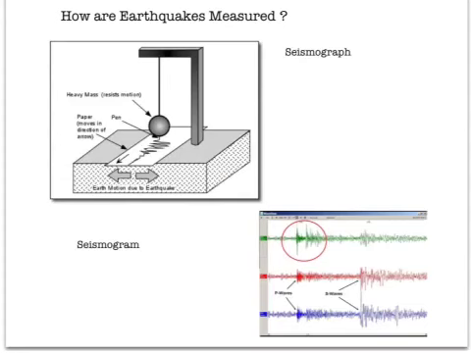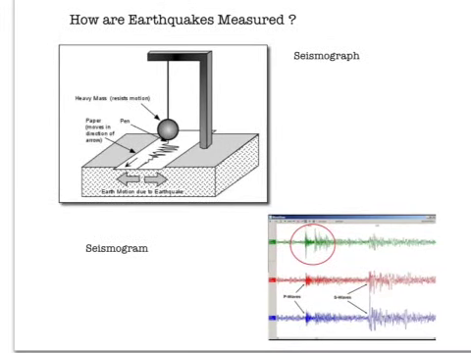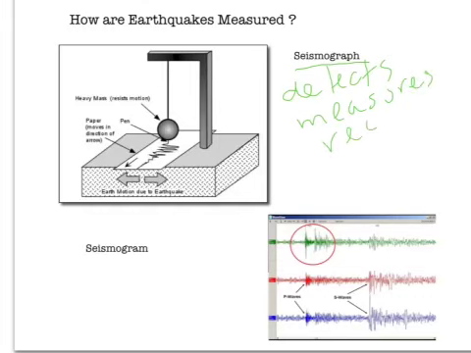How are earthquakes measured? A seismograph is a tool, a device, that detects, measures, and records Earth's motions.